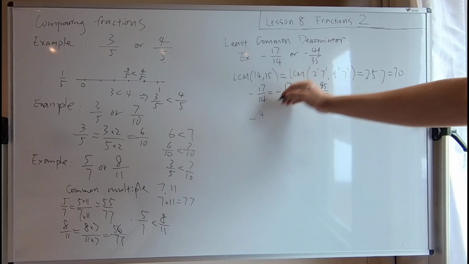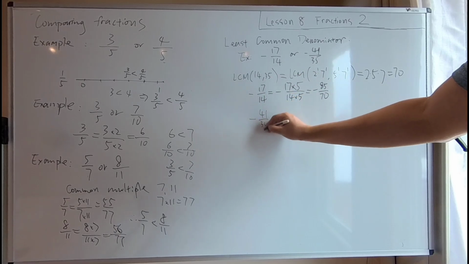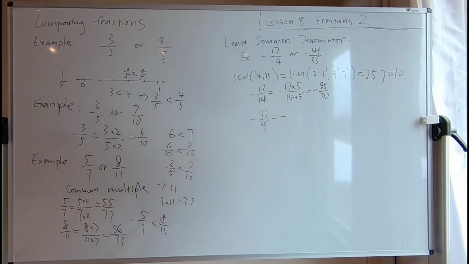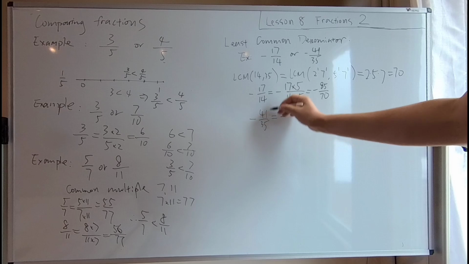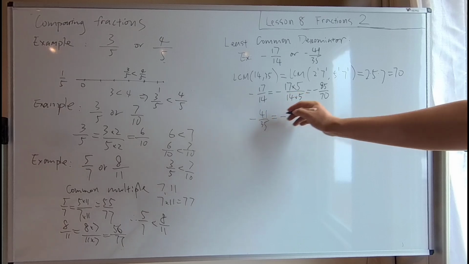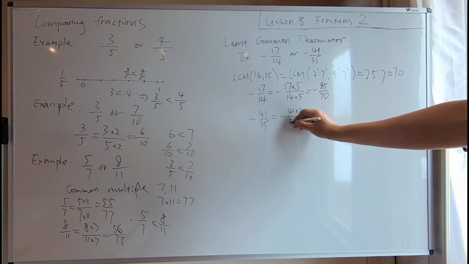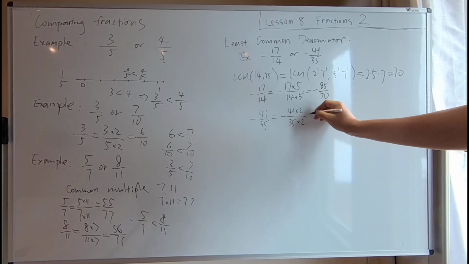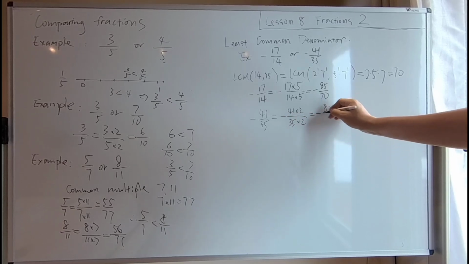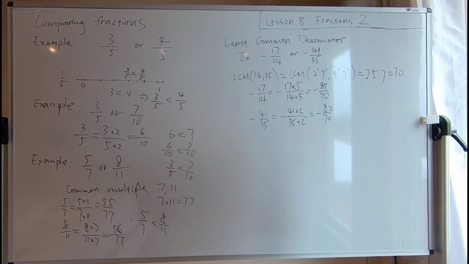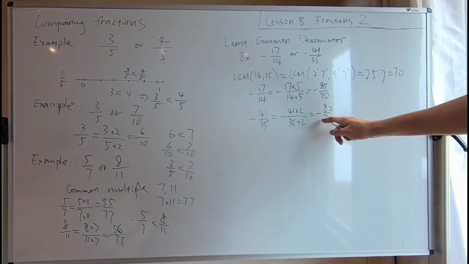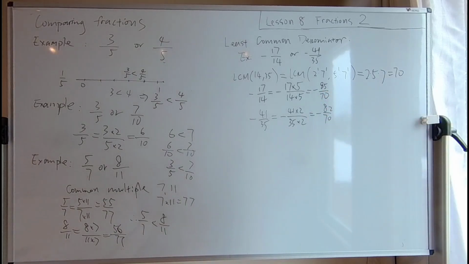Next one is 41 over 35. This time I need to multiply 2 on both sides in order to make the denominator 70. So it's 41 by 2, 35 by 2, 82 over 70.